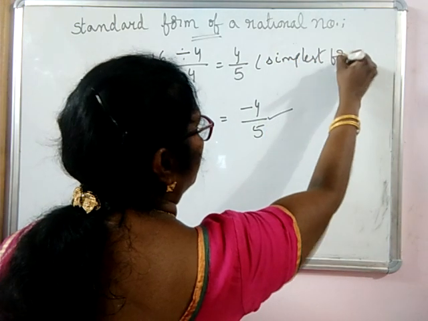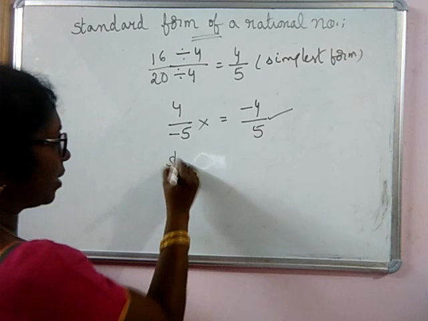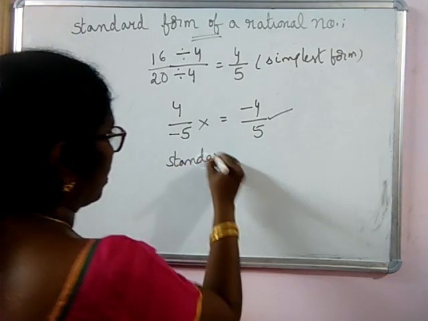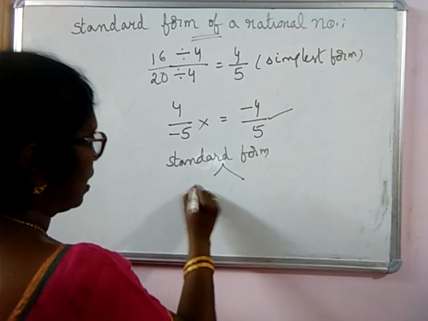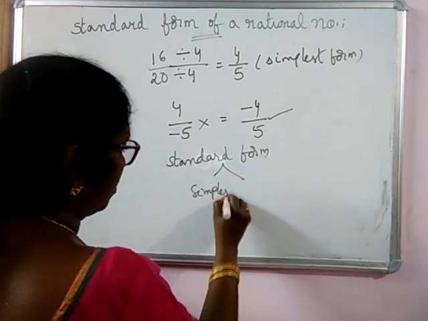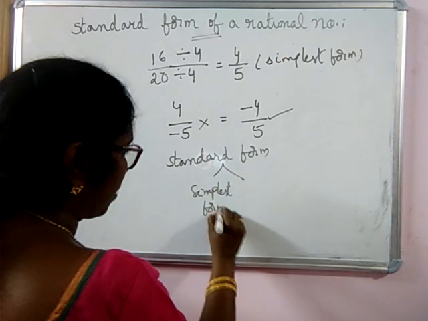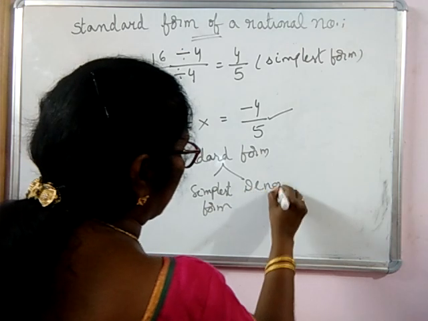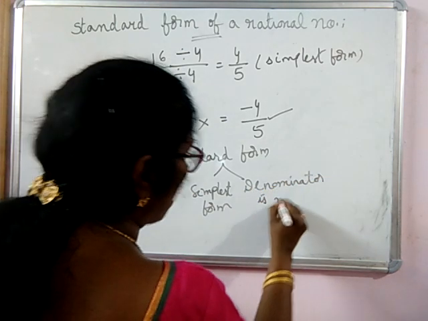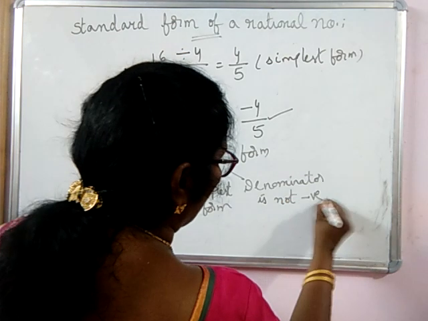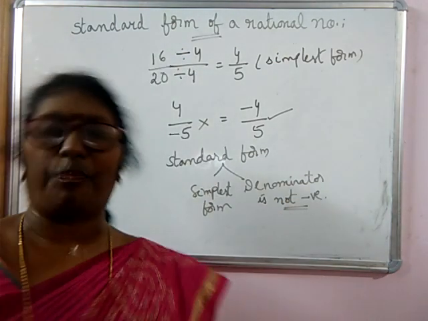The standard form of a rational number will be in simplest, lowest terms, and also the denominator is not negative. It should be always positive.